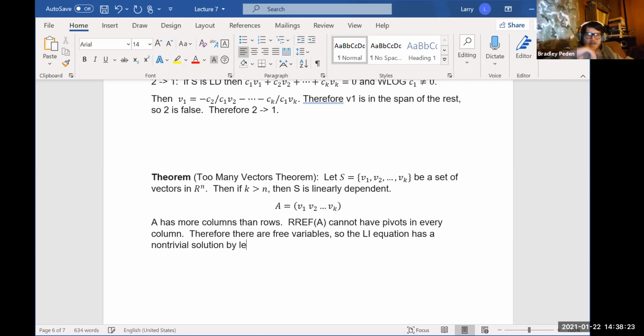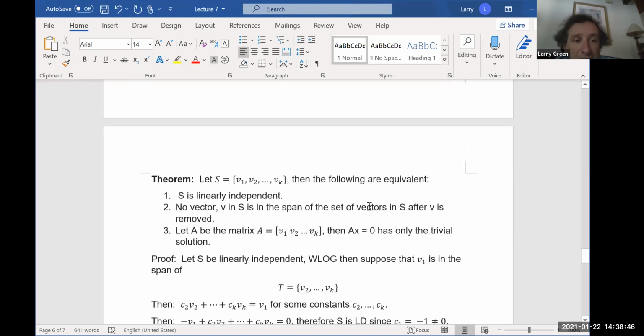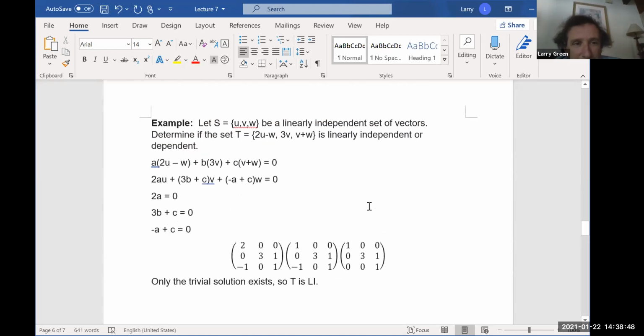What if K is less than N? Then this is not a theorem. This doesn't work. If K is less than N, you could have linearly independent, you could have linearly dependent, either could happen. Since we have some examples, let's scroll.